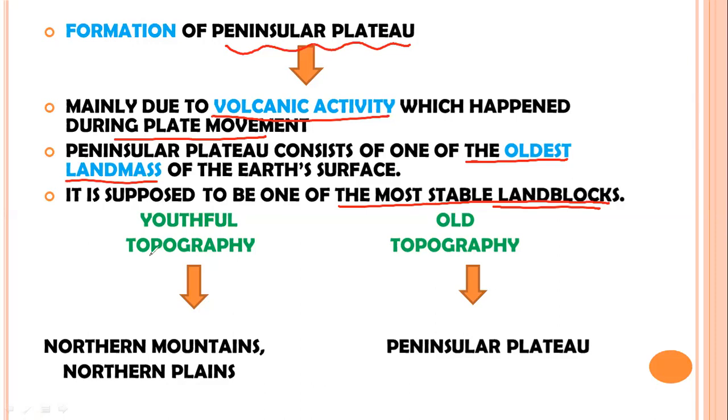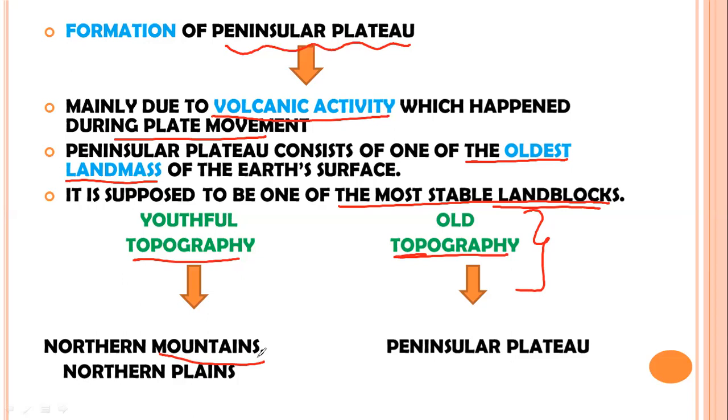Now, what is youthful topography and what is old topography? Since Peninsular Plateau was formed way before the formation of mountains and northern plains, it is old topography. And the northern mountains were formed as a result of collision between Indian plate and Eurasian plate.